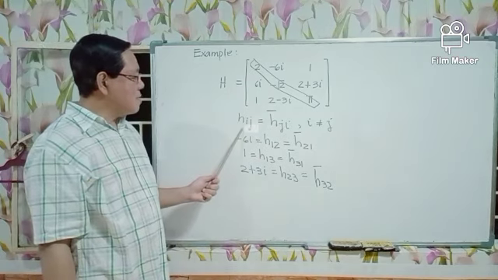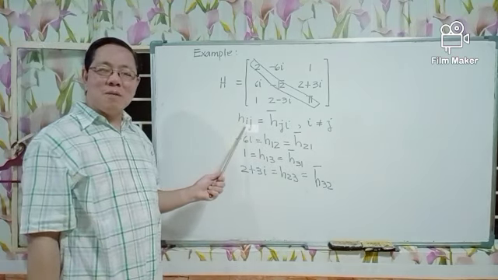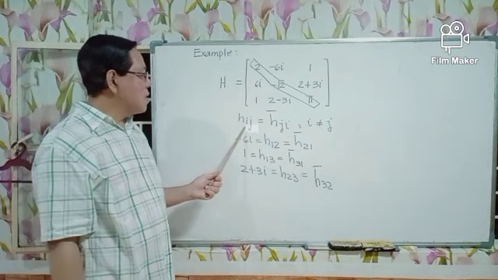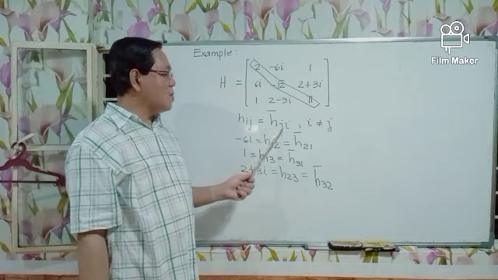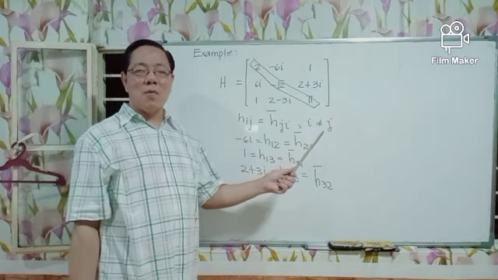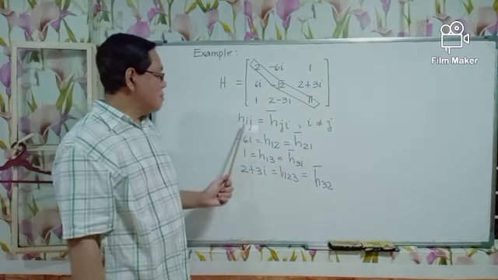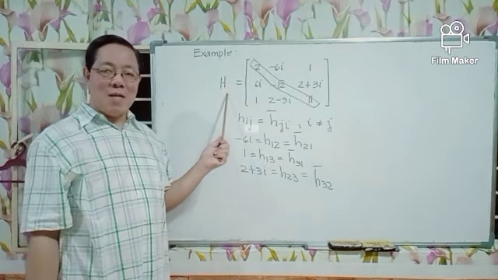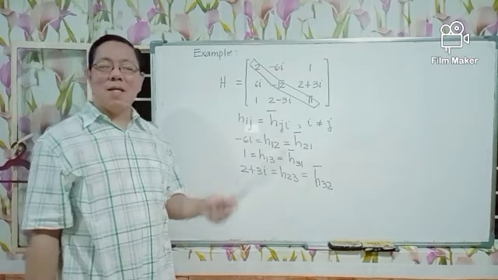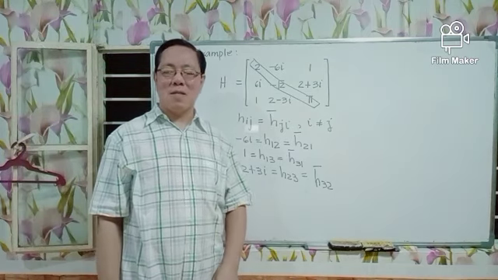And this property of Hermitian matrices is satisfied: H sub ij is equal to the conjugate of the entry H sub ji for i not equal to j. Therefore, we conclude that this square matrix H of size 3 by 3 is a Hermitian matrix.